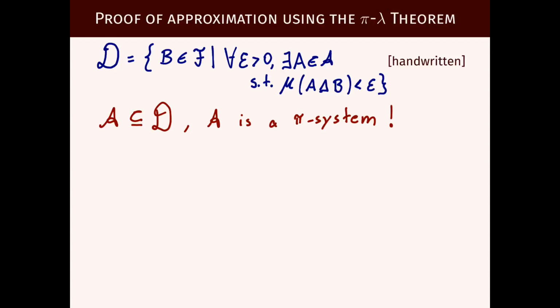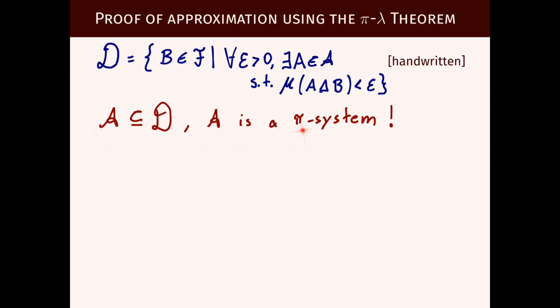And this is the second ingredient indeed. Usually when we're going to use the pi-lambda theorem, we take a class A that is contained in D, which is a pi system. And in this case, we're going to take A, the class, as the algebra itself.